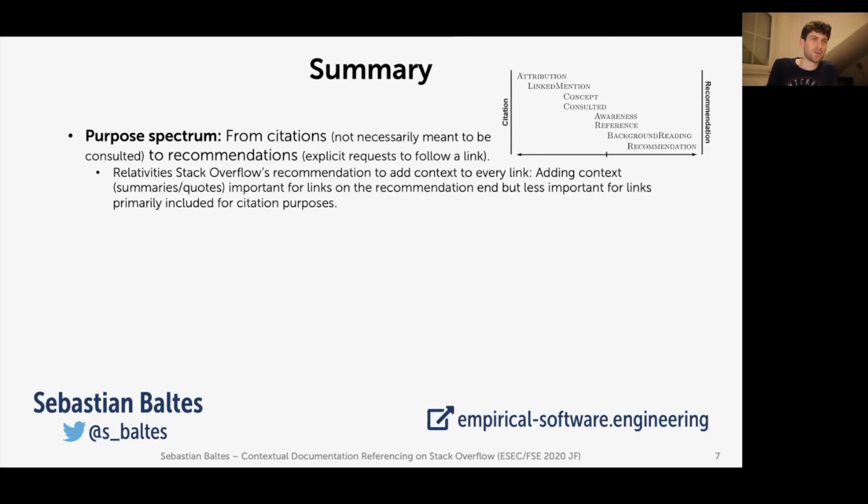Other links towards the recommendation end of the spectrum are meant to be followed, and users often make this explicit in their posts, that it's a required background reading, for example, for the thread, or a specific recommendation that a reader should check out. And this relativizes Stack Overflow's recommendation to always add context to links, because as we found, not all links really need that context.